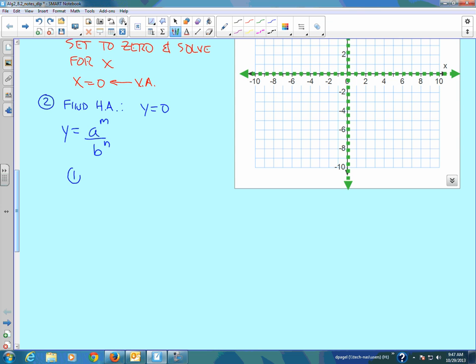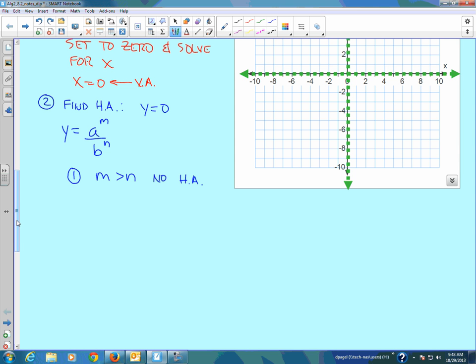Let's say case number 1. What if the power of m is bigger on the numerator side than it is in the denominator side? When this happens, when your power of m is bigger, then that means you have no horizontal asymptote. It doesn't exist.